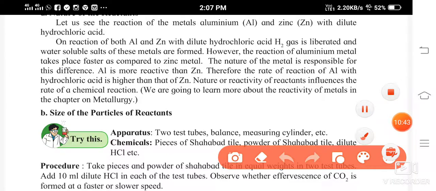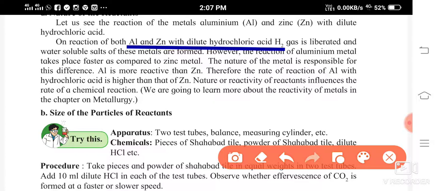So what is going to happen over here? Aluminium and zinc with dilute hydrochloric acid, you are going to see.